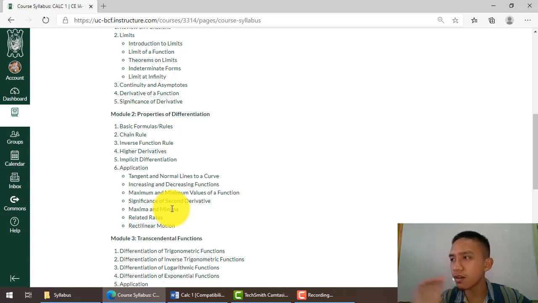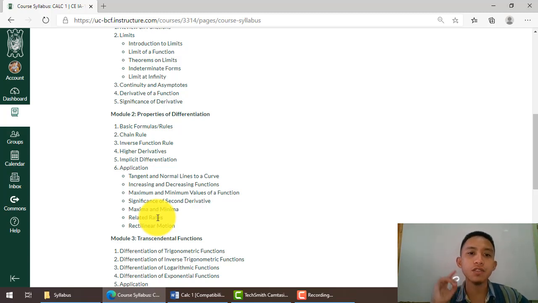So as we go on, you can see in the examples what these maxima and minima are. Related rates is actually related to your physics subject. That's why once you finish Calc 1, that's the time you will enroll in Physics 1. In physics, we investigate movements, such as speed, acceleration, and distances.